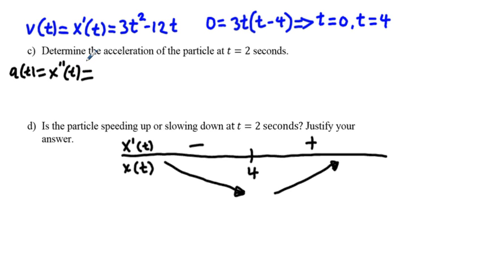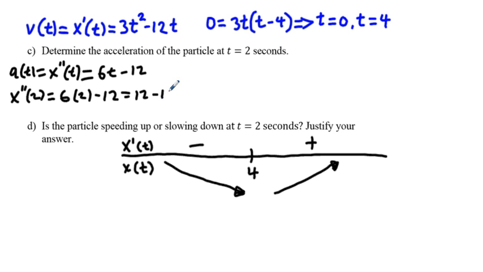We take the second derivative: the derivative of 3t squared is going to be 6t minus 12. And we're going to find it at 2 seconds. So x double prime of 2 is going to be equal to 6 times 2 minus 12, which equals 12 minus 12, which equals 0 meters. Oops.